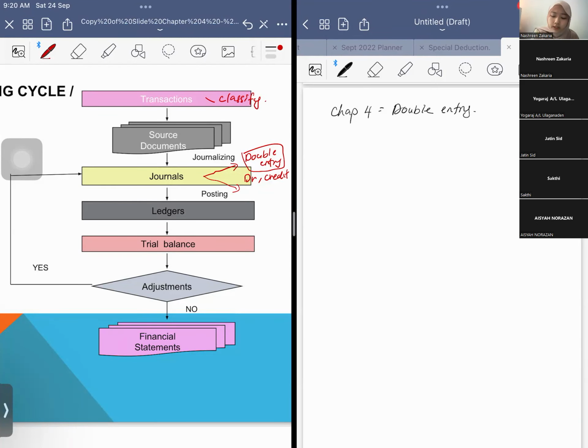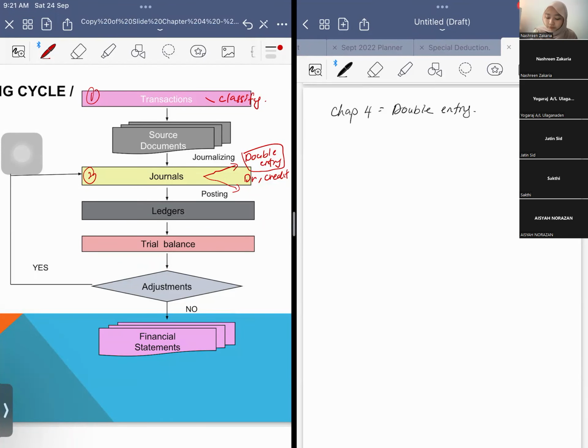That is the first step, classifying, according to the source of document. And then the second step is journalizing, which you need to know about debit and credit. Once you classify it, you have to identify the effects. Once you identify the effect, then you will know which one will be debited, which one will be credited.